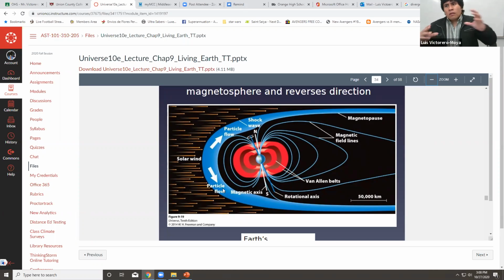Solar wind colliding with the Earth's magnetic field, elongating it, breaking it at some point, and then the particles coming and converging on the poles, on the north and the south pole. All right. So, and that's also how the Van Allen belts are produced, by the way.